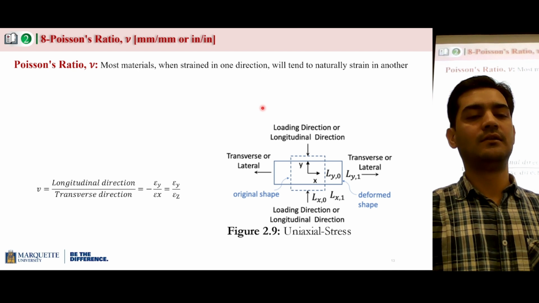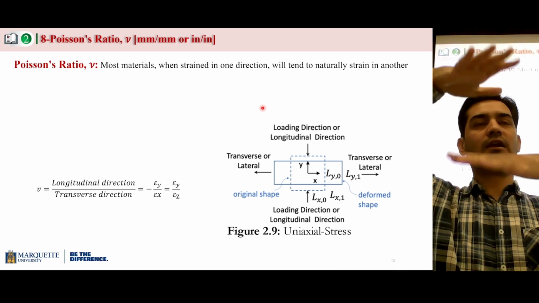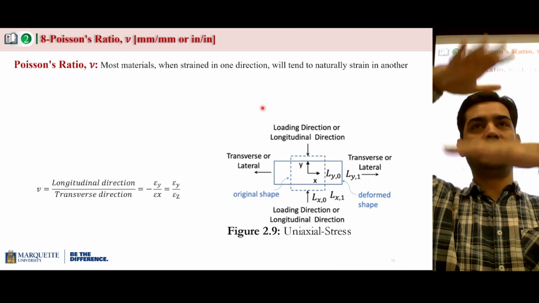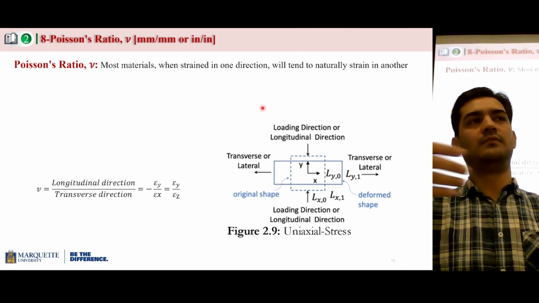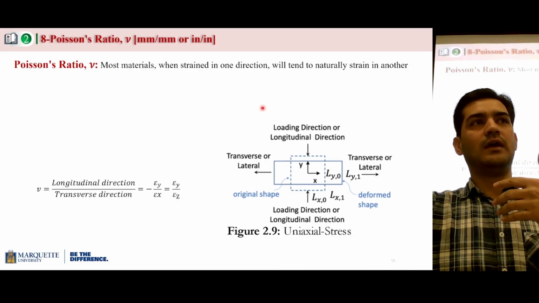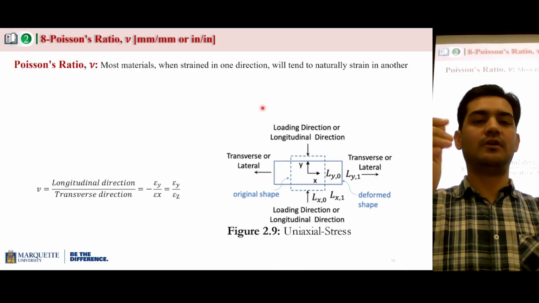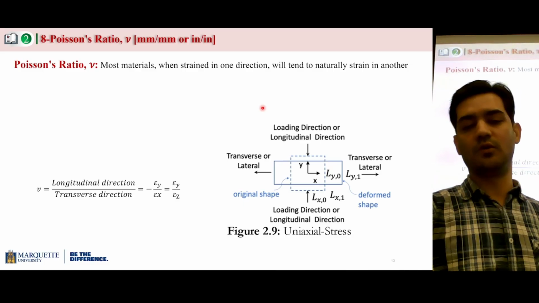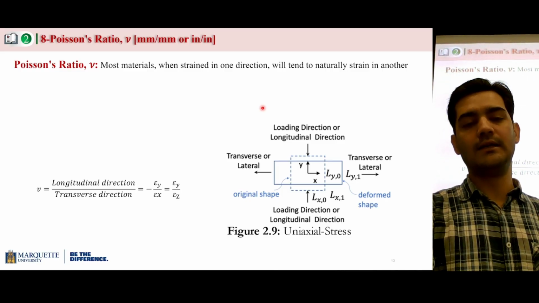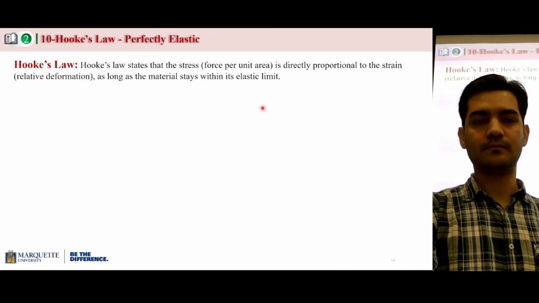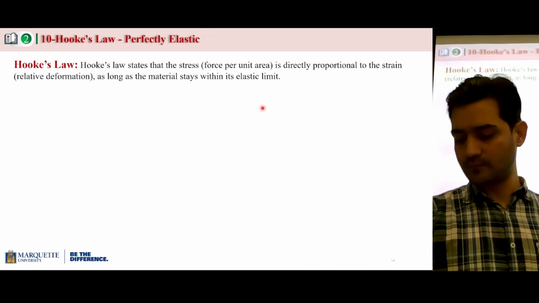So basically, if you apply a force, you're going to see compression in the direction where you're applying force, but you're going to see elongation in the other two directions. And the ratio is constant for these. So that ratio is called Poisson ratio. We will do calculations and then we'll understand more about this. So what is Hooke's law?